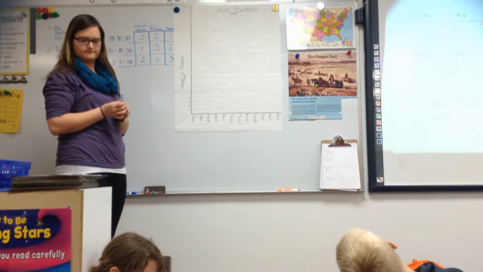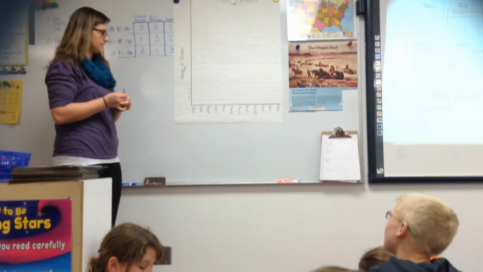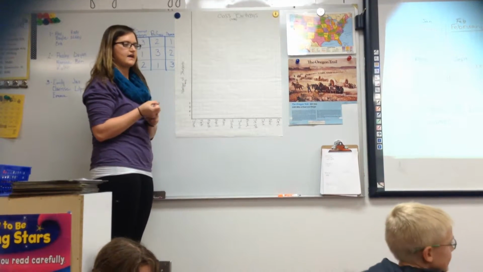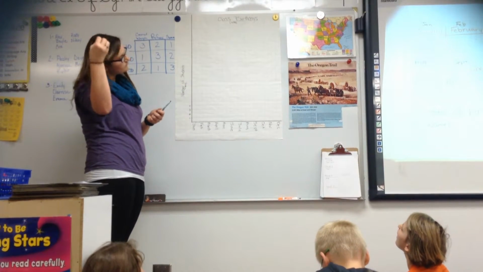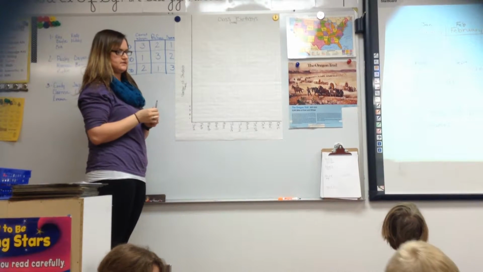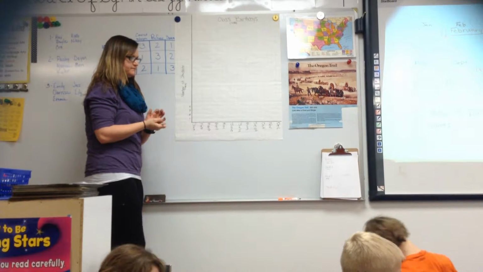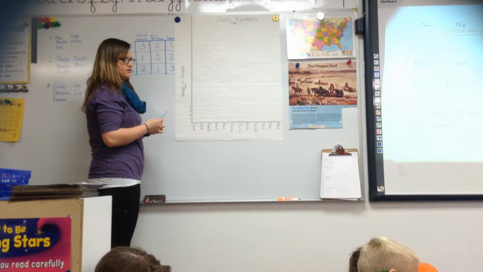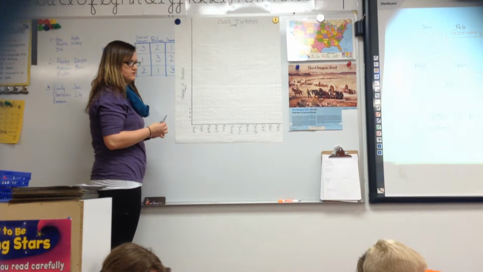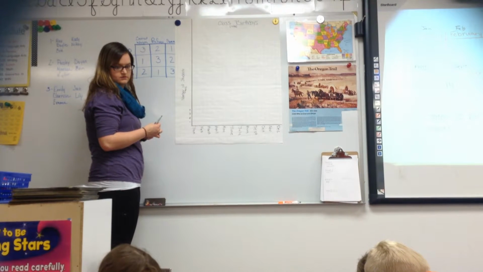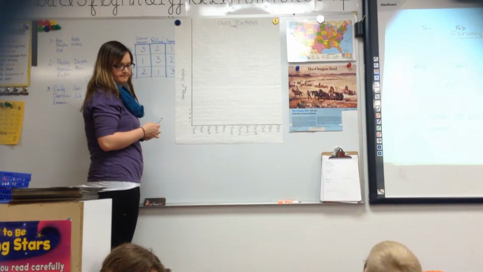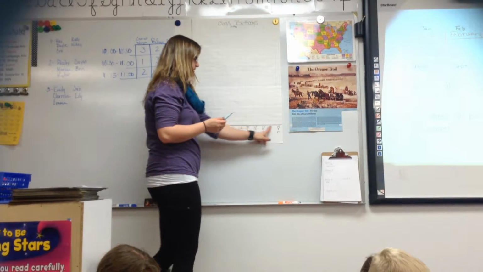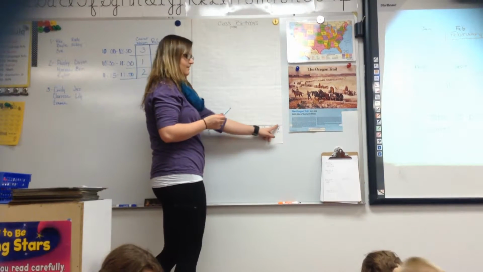What else am I missing? Diane, what else am I missing? How do you spell axis? A-X-I-S. Okay, Diane, which other one am I missing? I have my Y-axis. I need my what? What axis is this, Diane? My X-axis.